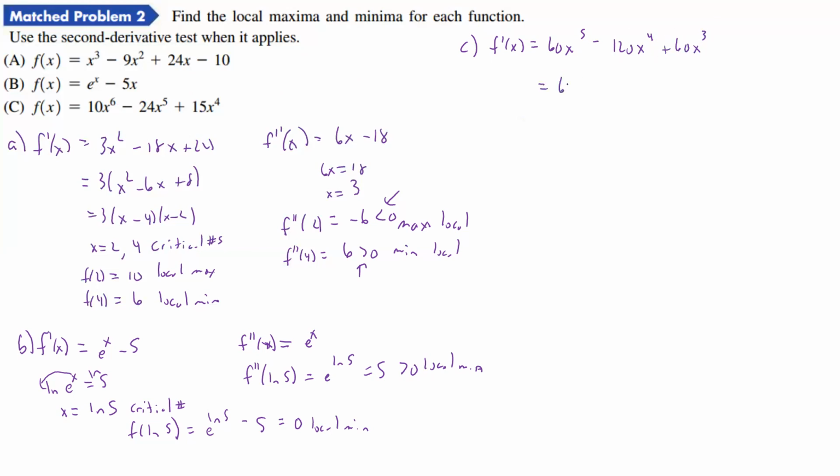There's a 60 we can pull out and an x cubed. When we do that, that gives us x squared minus 2x plus 1. So that's 60x cubed times (x minus 1)(x minus 1). So we have two critical numbers: x equals 0 and x equals 1.